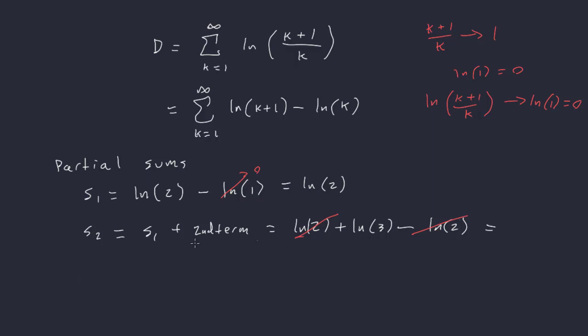Okay, so S2 ends up being ln 3. Then S3 will be S2 plus the third term. S2 we found was ln 3. Then the next term, k here is 3, so this will be ln 4 minus ln 3.